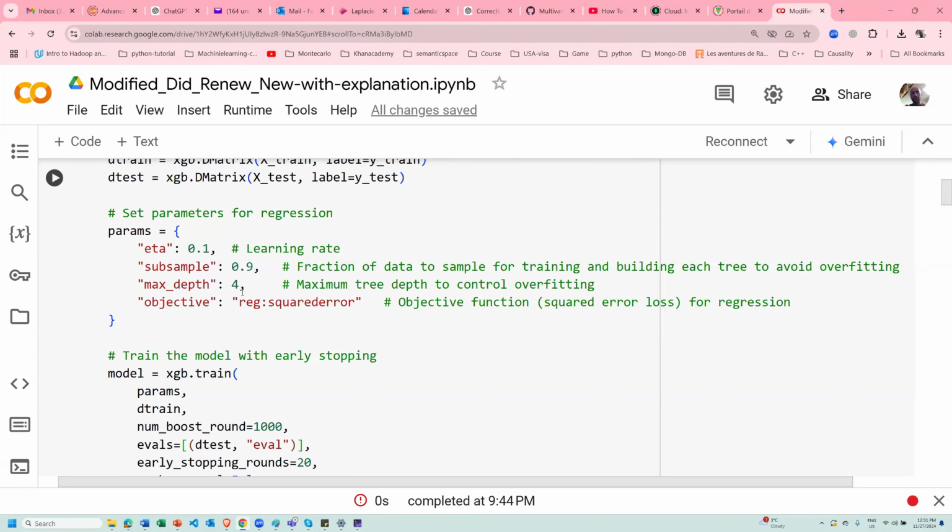I know it's not enough, but we don't have enough time. Anyway, it's just a tree-based algorithm. Here I put the learning rate, the sampling, the maximum tree depth. The trees can go from 0 to n, and then here the objective function, which is the squared error.